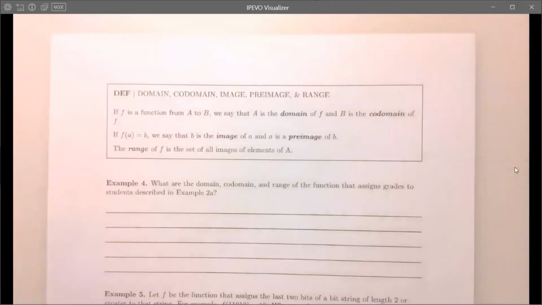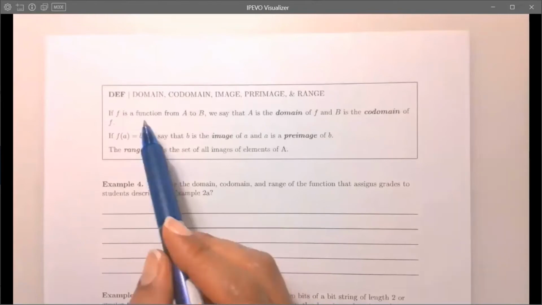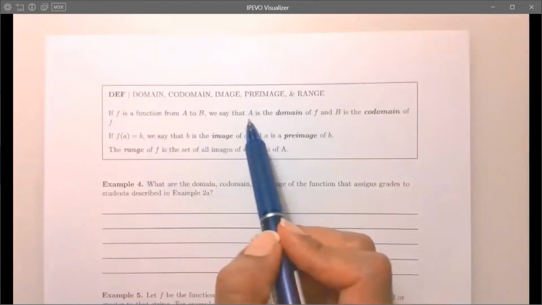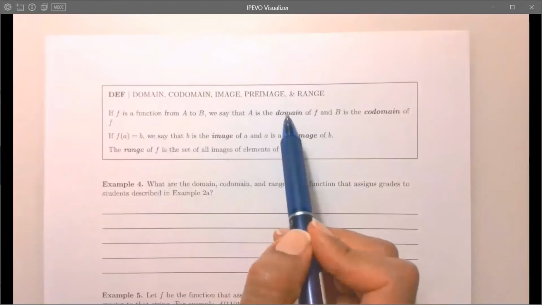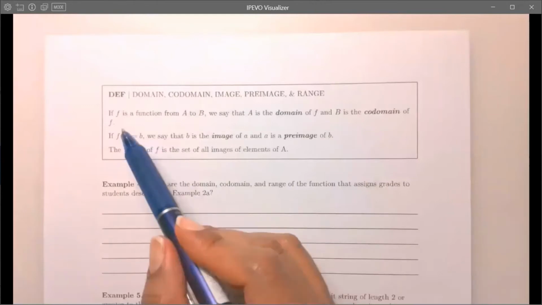Okay, well now we're going to introduce some more terminology that will allow us to create more structure using functions. Those definitions are for domain, codomain, image, preimage, and range. So if f is a function from A to B, we say that A is the domain of the function f, and B is the codomain of the function f.